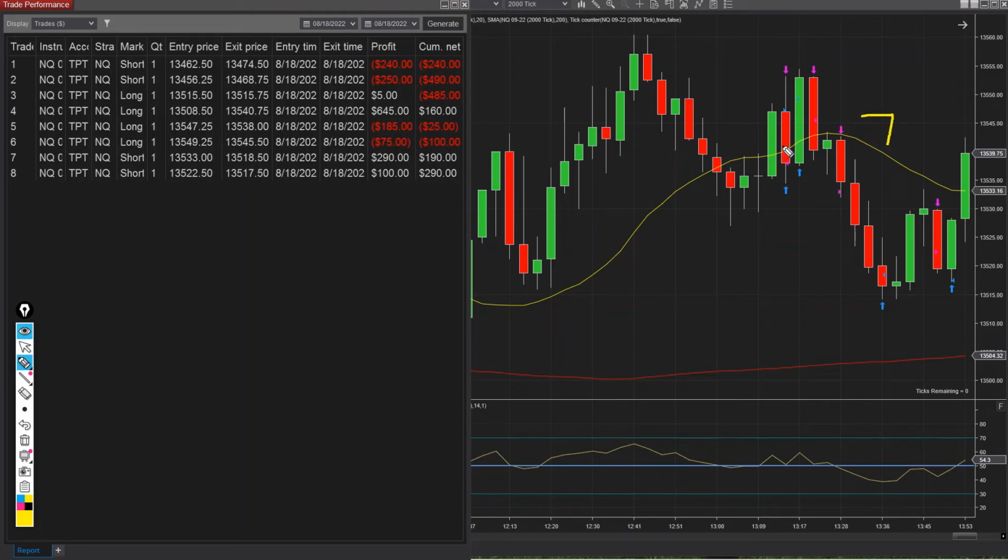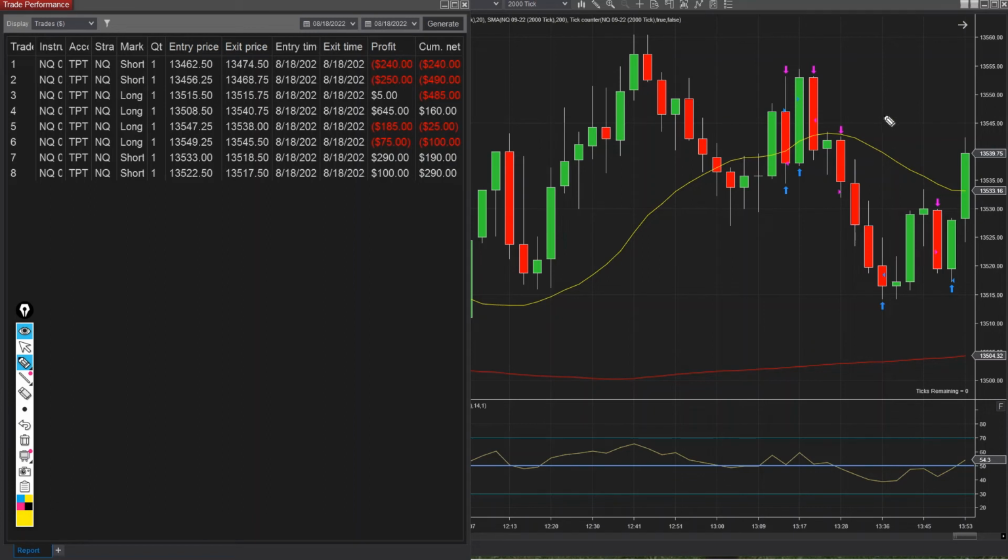So you could see how now the red bars are taking over, the sellers are taking over, because you got the stair step effect: green, red, and then a lower green. The green bars were getting higher, and now the green bars got lower.